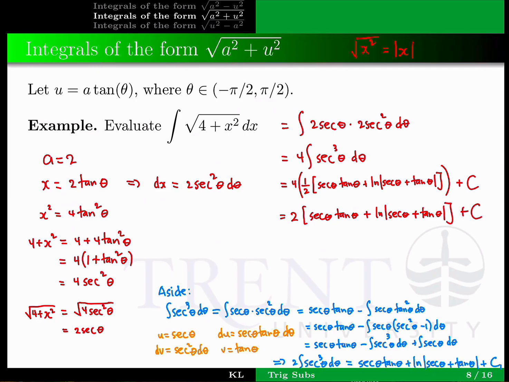And now we bring back the x's. We got secant theta and tangent theta. Tangent theta can be obtained from here. Your secant theta, you can actually use this part here.